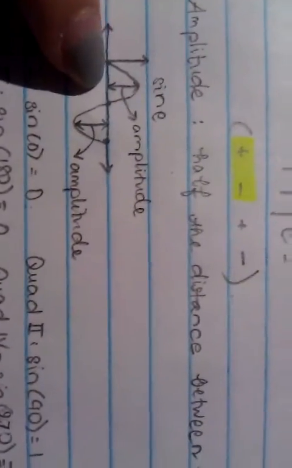Well, to understand it more easily, sine of 0 starts at 0, and then sine of 90 is 1. Sine of 180 equals 0. It shows that the midpoint between 0 and 180 is 90, and it goes up 1, and that is the amplitude for sine.